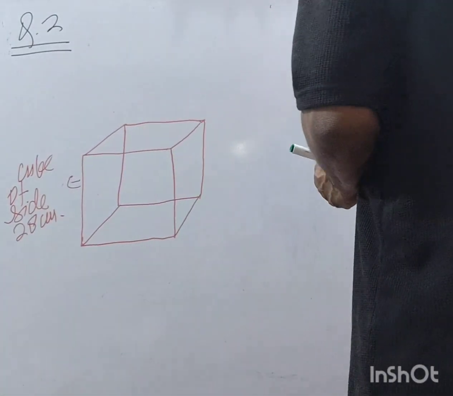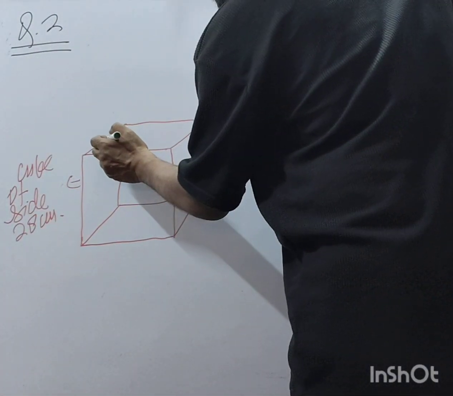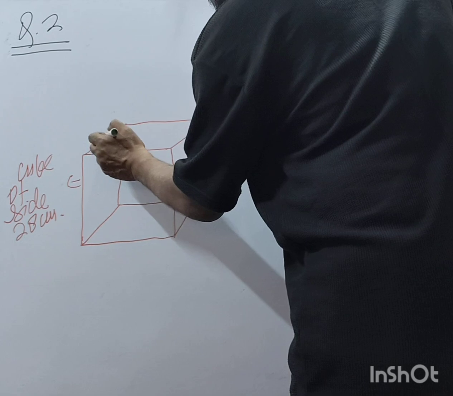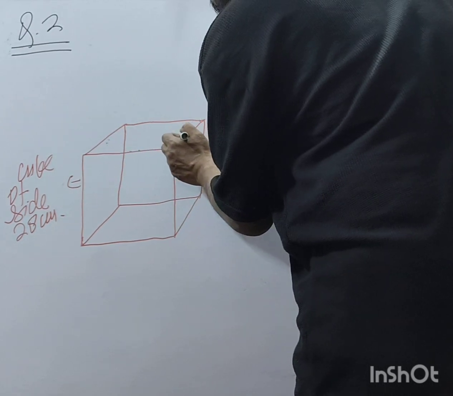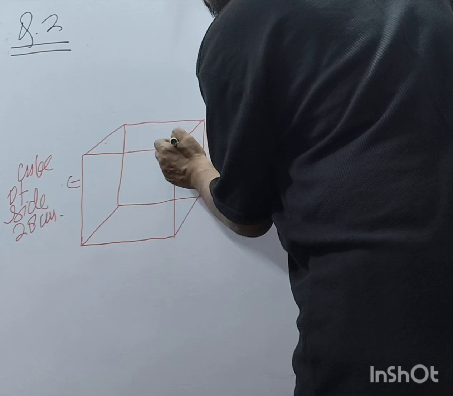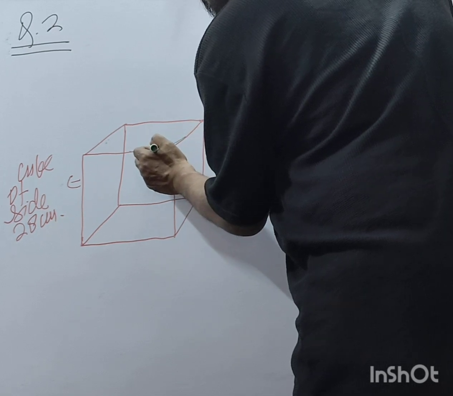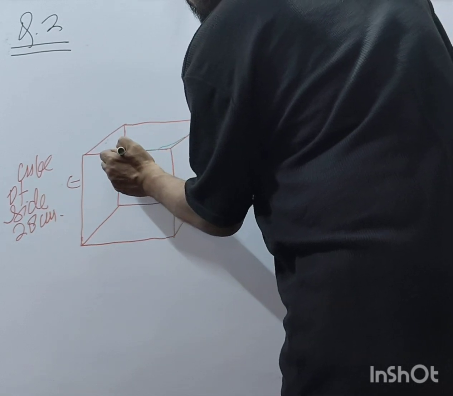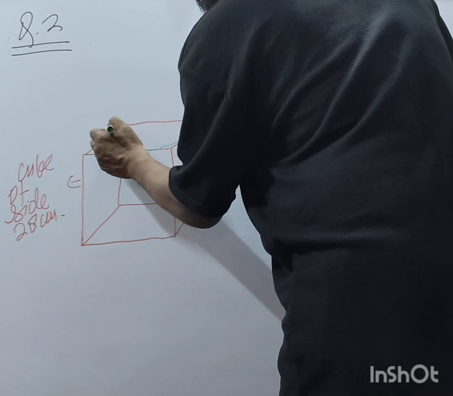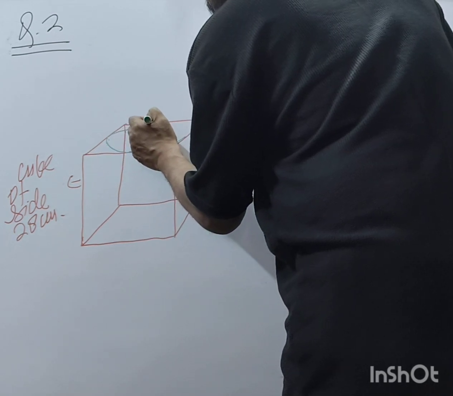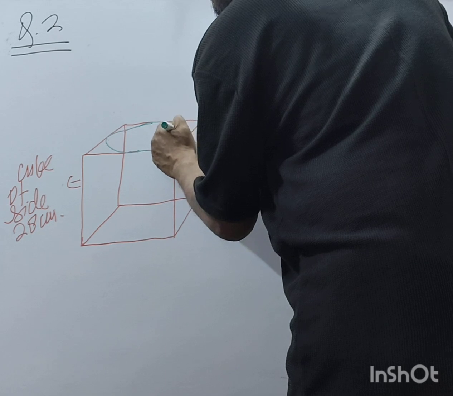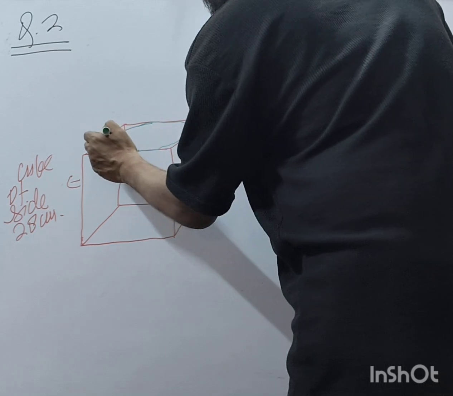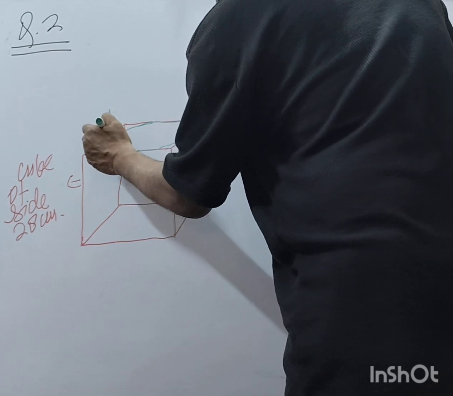So again the same thing, there is a cylinder now, huh? The cylinder of greatest diameter is equal to the side of the cube, right? Side of the cube like this.